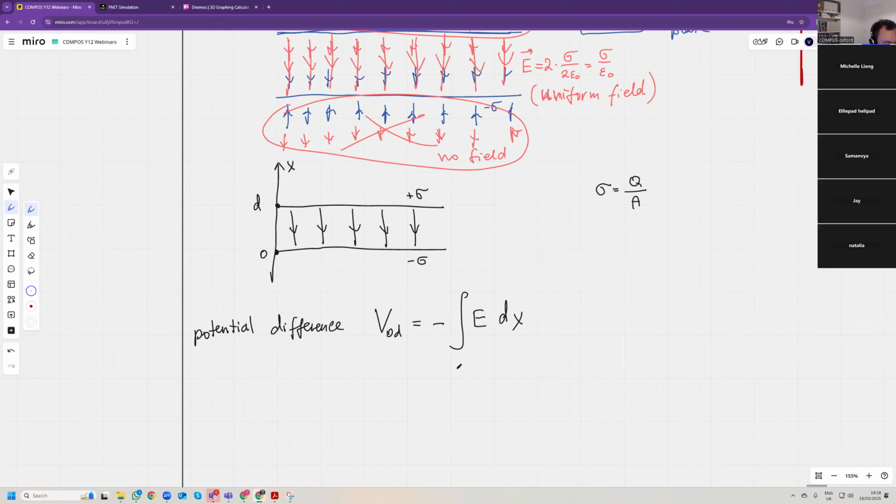Right. Now E changes, so x changes from 0 to D, so you're moving from 0 to D.